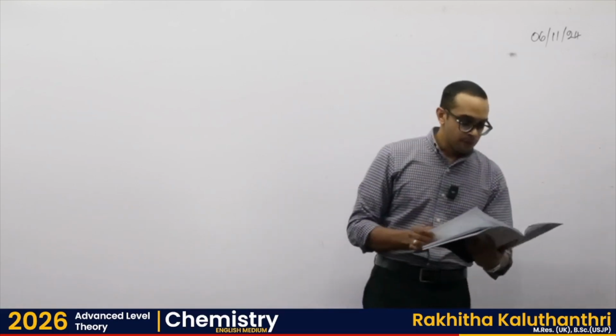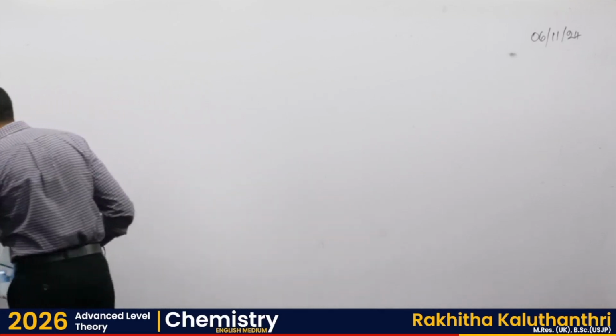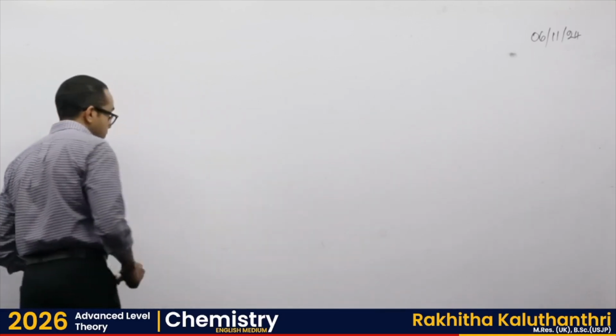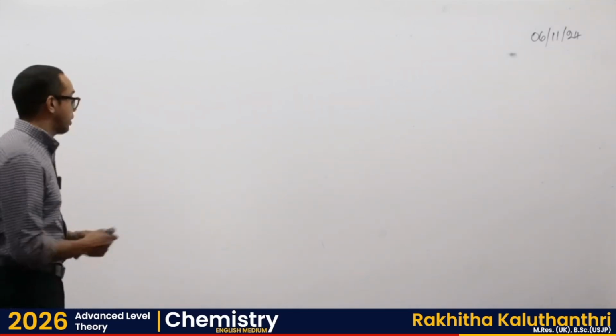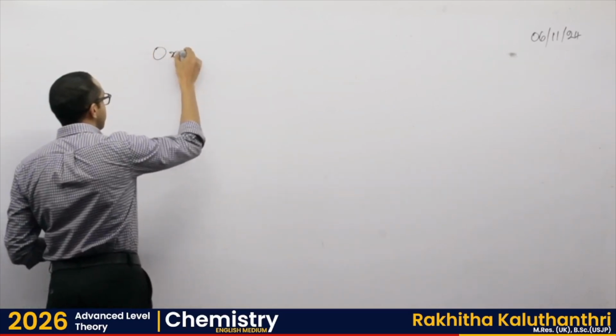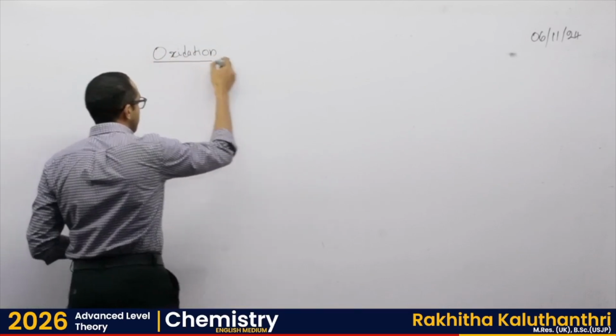So first of all, now we'll start with the simple explanation about oxidation and reduction, because without that you wouldn't sometimes understand what's going on here. So we have something called oxidation and we have reduction.